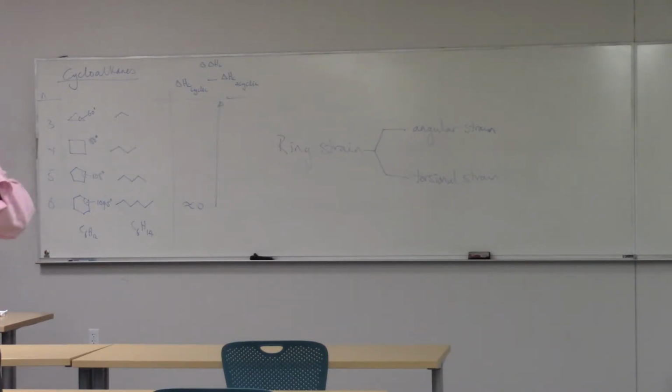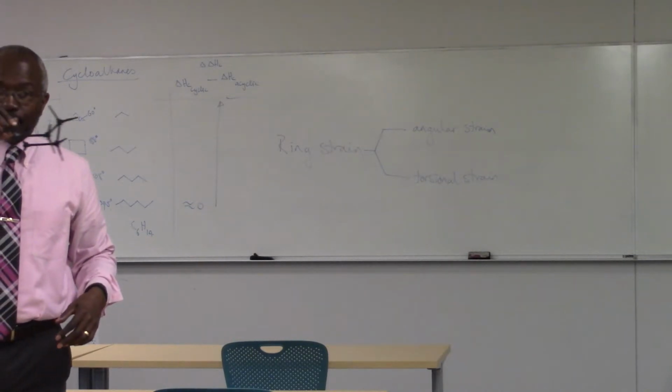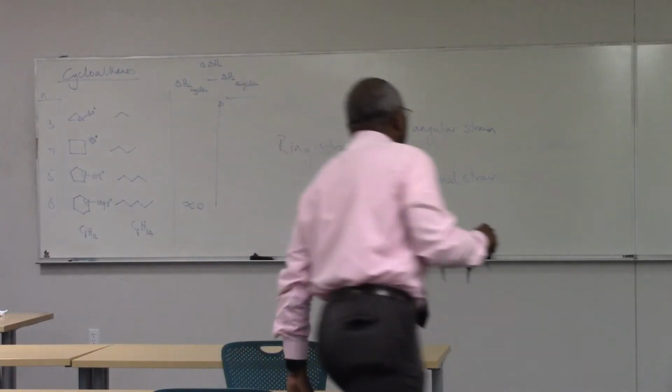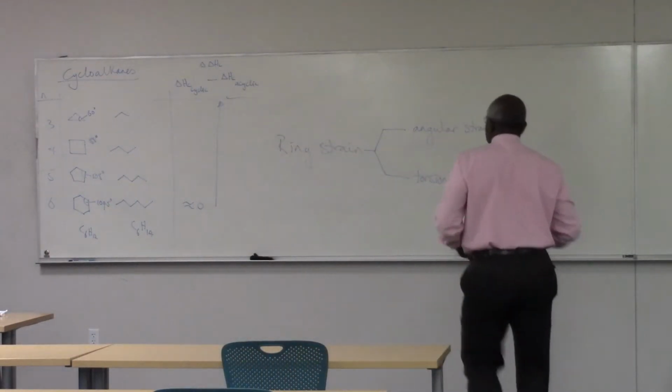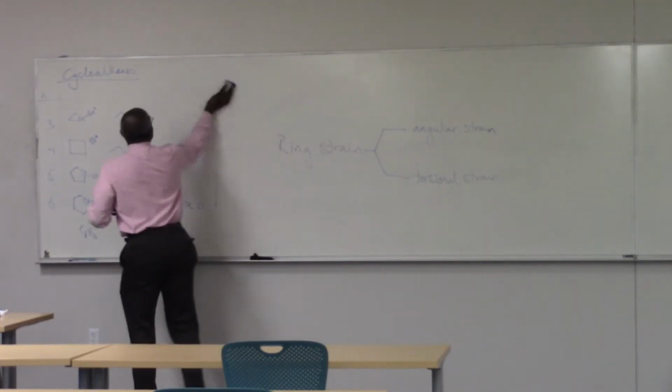This conformer is called the boat conformer. Takes a little imagination. So here is the bow, the sprit. This is the deck of the boat, right? And the boat is sailing along the river or the ocean. This is a boat conformer. Okay? So I'm going to go ahead and draw the boat conformer of cyclohexane.